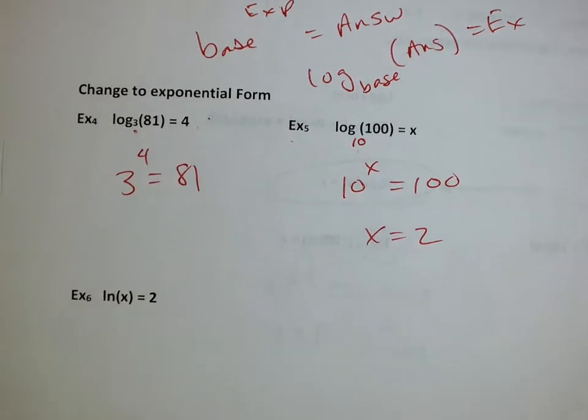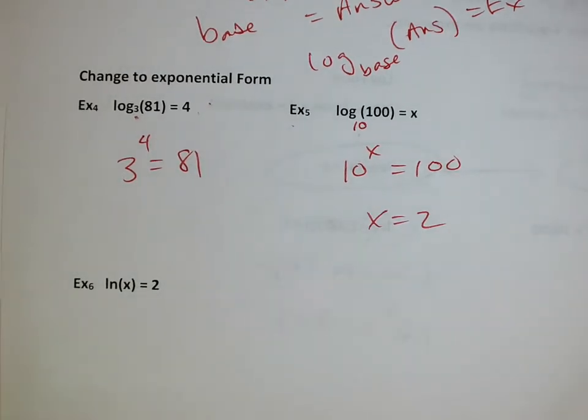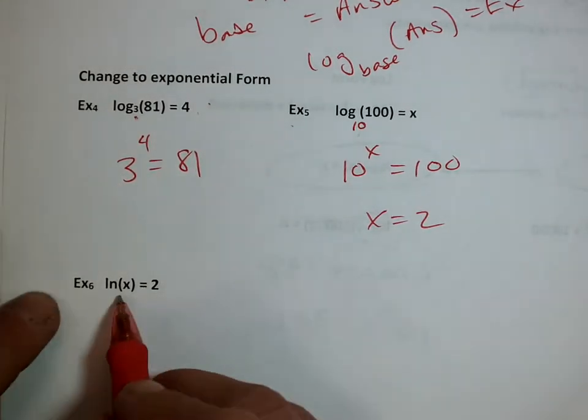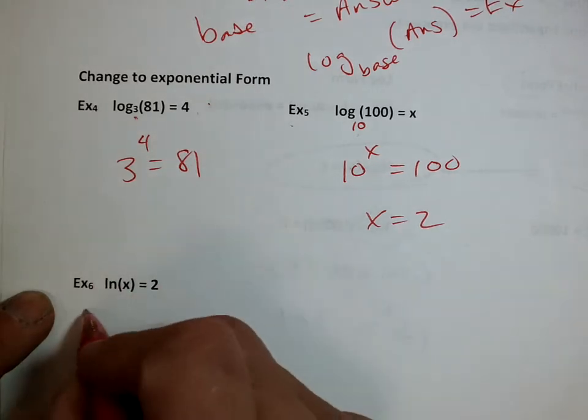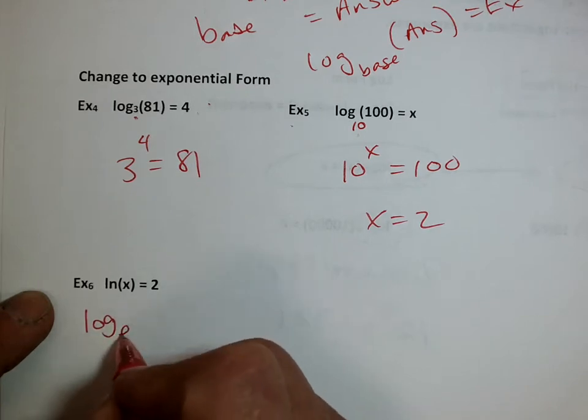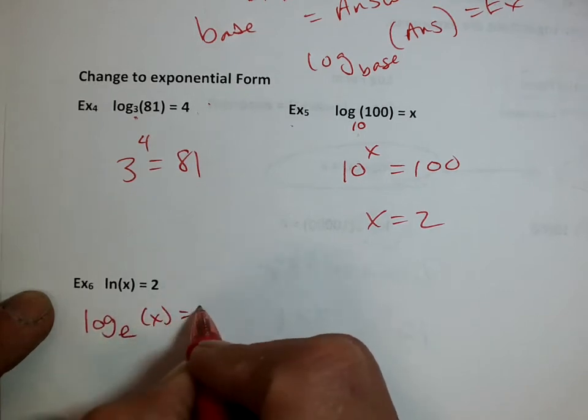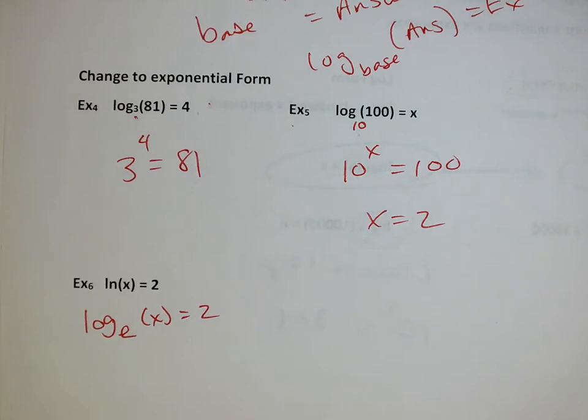6. Almost there, and we're going to look at our journals because they take this a little step further. Now, there's no base. What's the base? LN, what's the base? E. Good job. It's base E. So we can rewrite this as log base E of x equals 2. I wouldn't normally do that, but that shows the base. If it's natural log, it's always base E. Good job, Aiden.